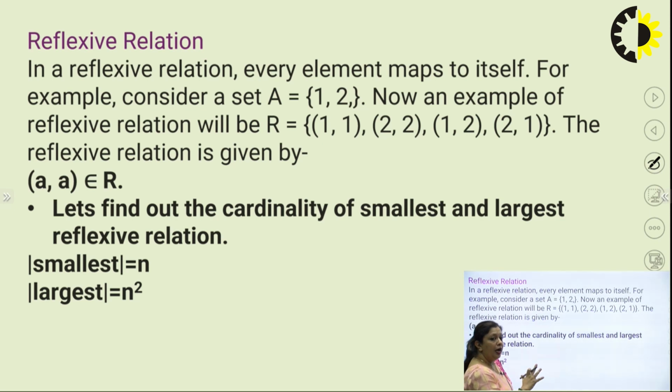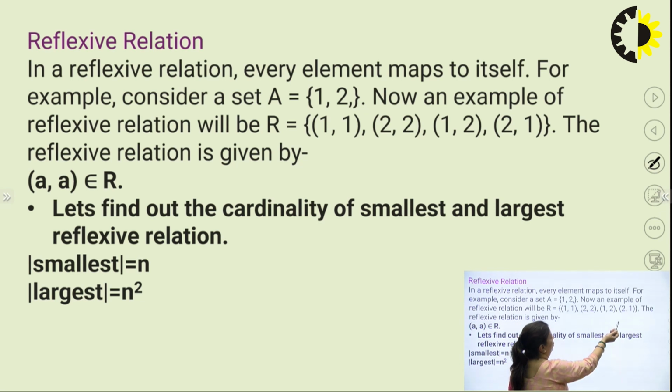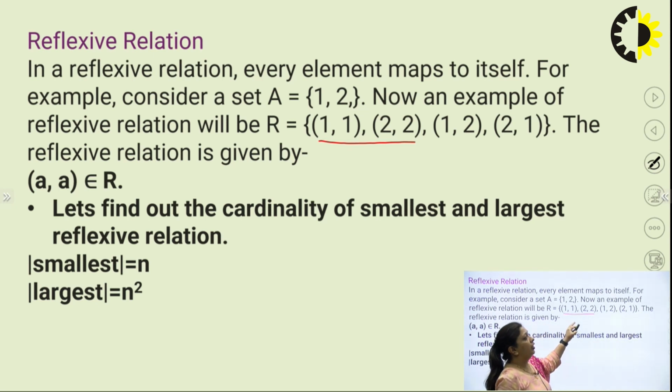If a relation contains these diagonal pairs, we call it reflexive, and it may or may not contain other elements. Like here it is containing (1, 2) and (2, 1) as well, but it is reflexive because it is containing these 2 elements. If these were not there, then it cannot be reflexive.